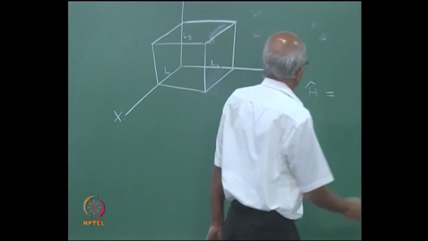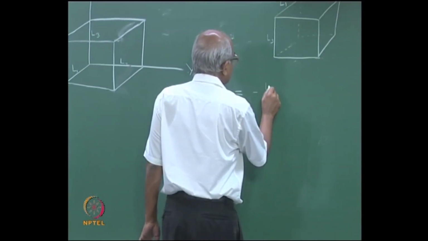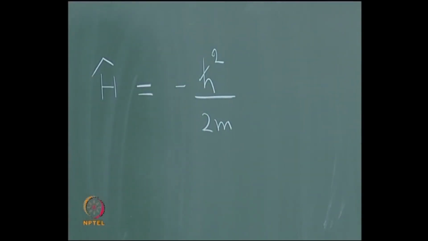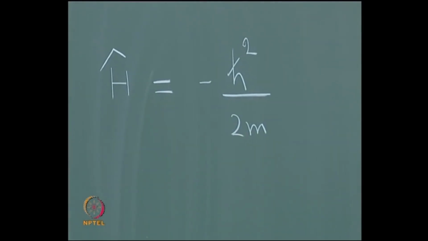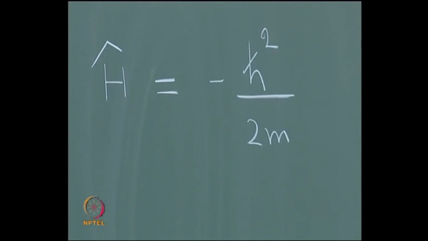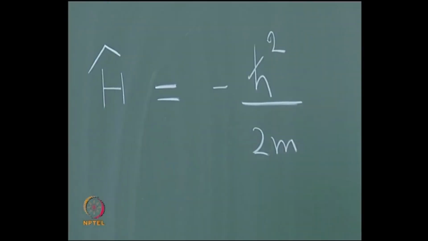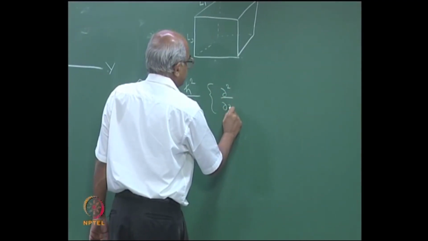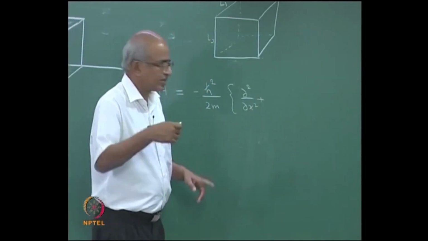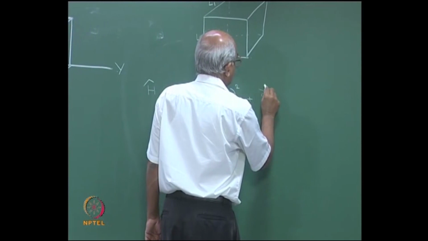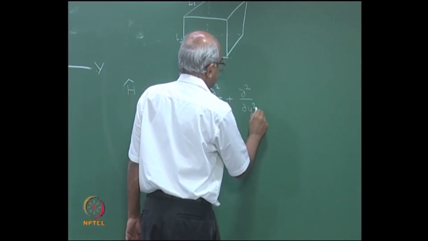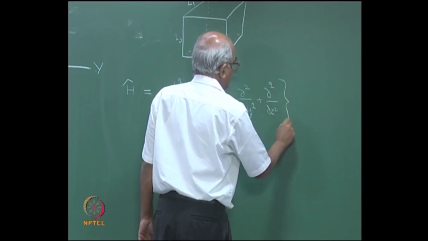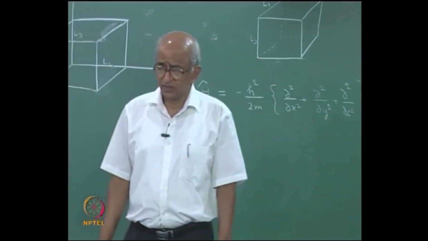So, the Hamiltonian will have a contribution from the kinetic energy, which will be minus h cross square by 2m, into dou square upon dou x square, which comes from motion in the x direction, dou square upon dou y square coming from motion in the y direction, and dou square upon dou z square coming from motion in the z direction.